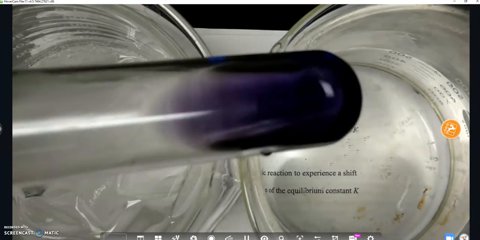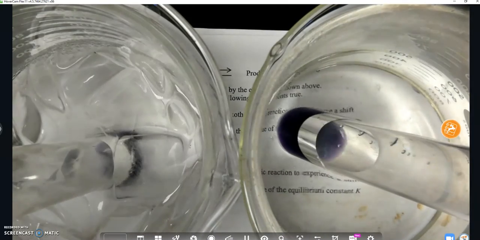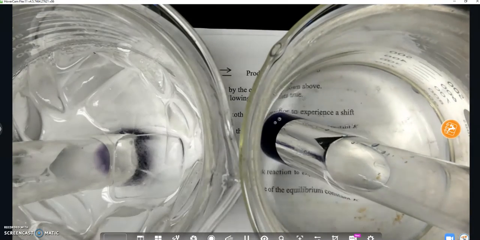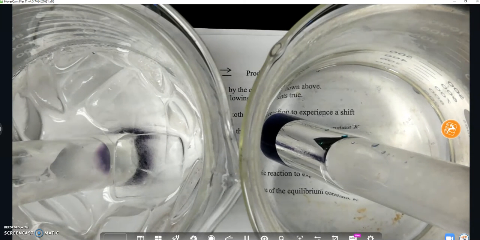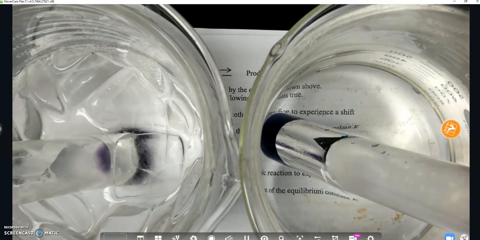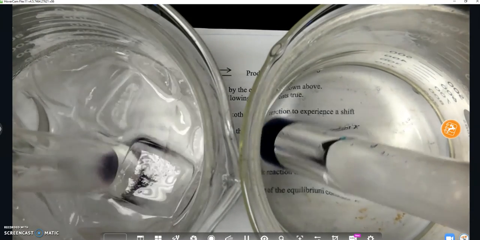Again, they both have a violet color, and I'm going to put one in ice and one in hot water. Now, to me, I think temperature tends to be the most problematic for students to figure out what happens with the color change and why.